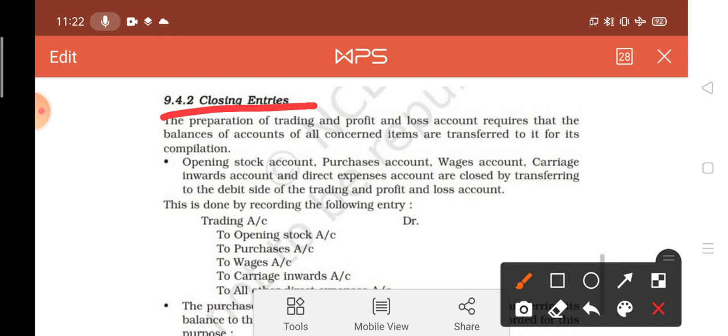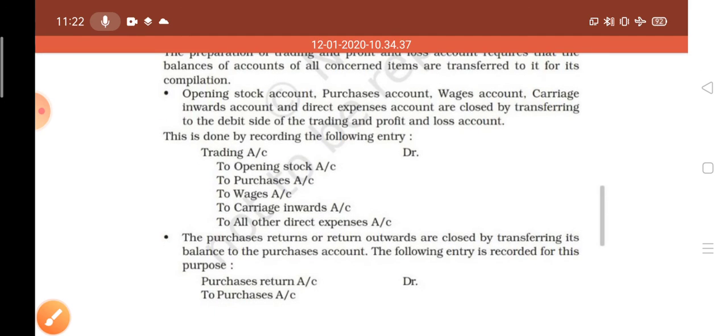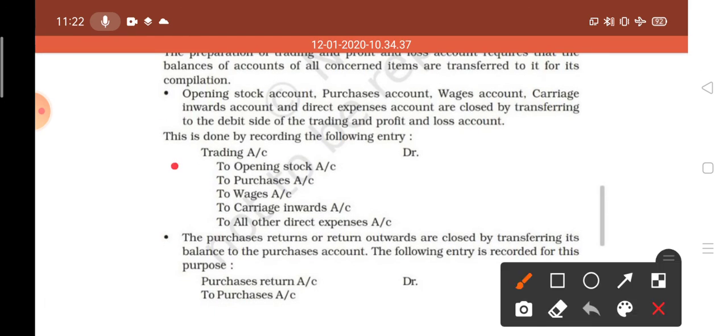So the debit side items you have to transfer in the journal entry in this way: trading account to opening stock, to purchases, to wages, to carriage inward and to all other direct expenses. In this way you have to transfer.